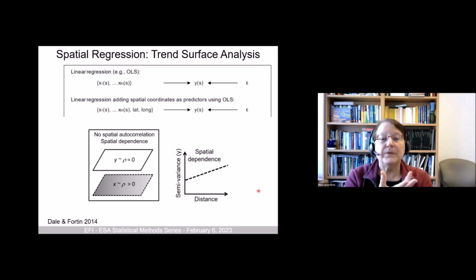So here, this is not new, people have been facing those situations. The simple way was to do what we call trend surface analysis, which is to add to your regression the XY coordinates, as simple as that, lat long of your data. So maybe you think that there's spatial dependency in your data, maybe not any spatial autocorrelation.